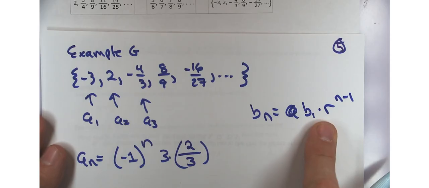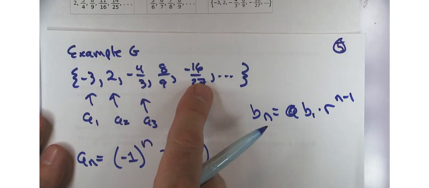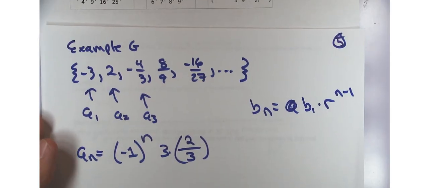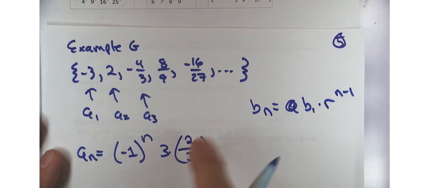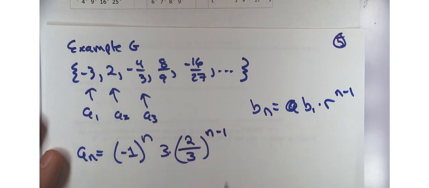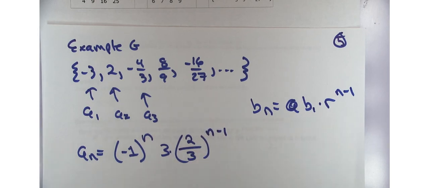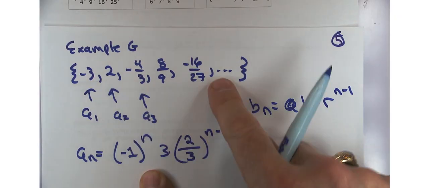And in this case, you're multiplying by 2/3 to get from one term to the next. Now, there's a couple other varieties of ways you can write this. I still need to put in the exponent here. That's going to be n minus 1. And that's an acceptable form of the answer. Now, you could see this rewritten any number of different ways, but this has the basic stuff that we need to generate this sequence.